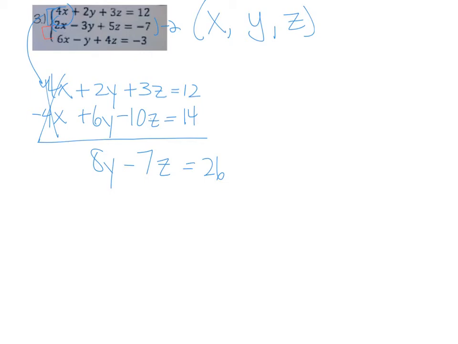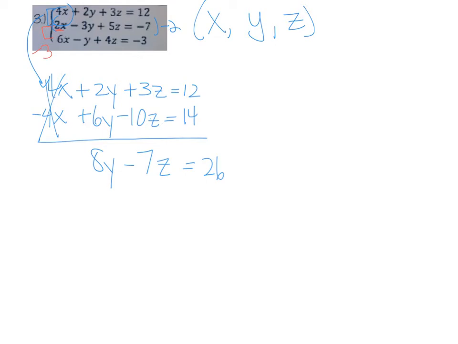And then we are going to do the exact same thing now with our second and our third equations. So again, I'm just going to start off by trying to get those x's to drop out. So this time, if I multiply that second equation by a -3 and distribute that, then I'll get my x's to drop out.